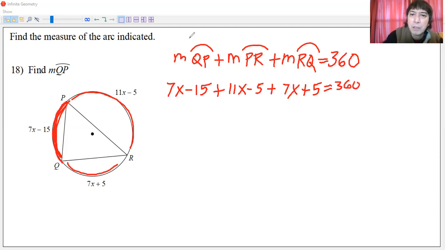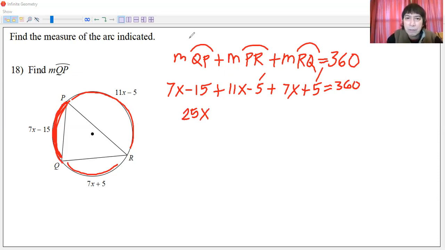So first we will get the x, and then use the expression for QP. Add the x first: 7 plus 11 plus 7, that's 25x. How about the numbers? This 5 and this 5 cancel to 0.